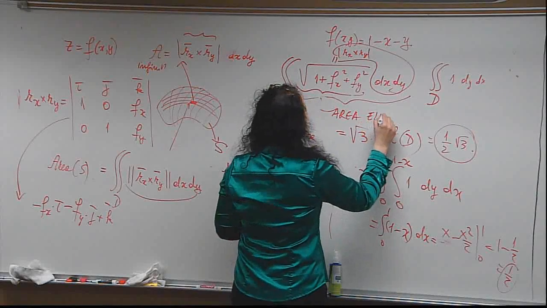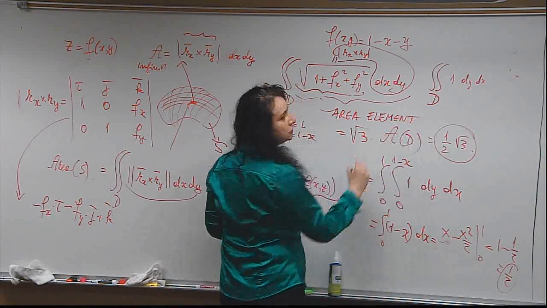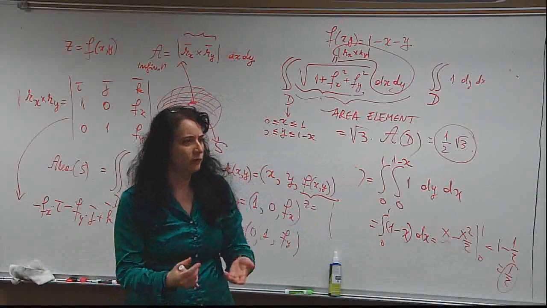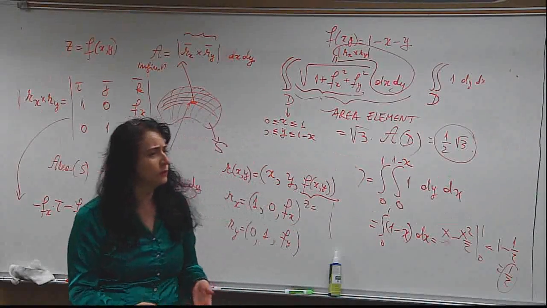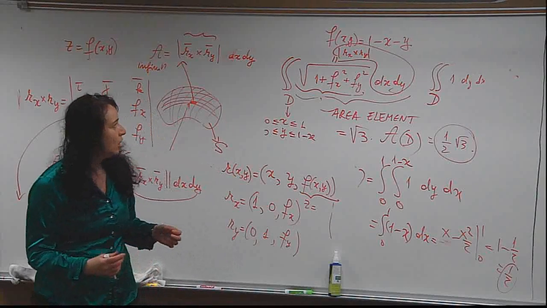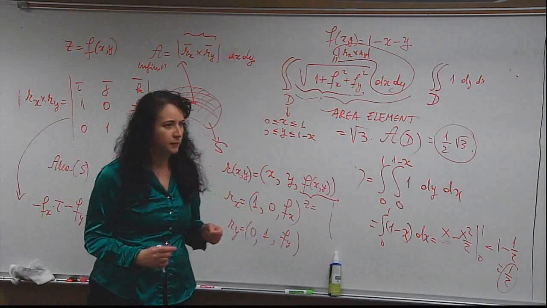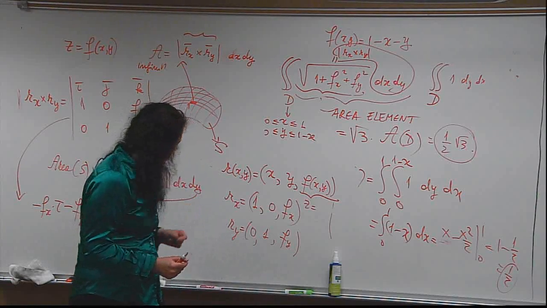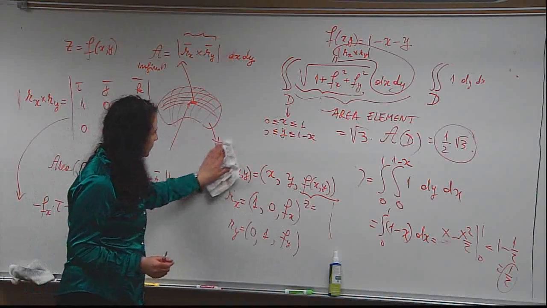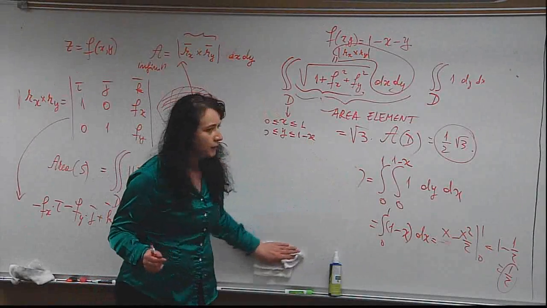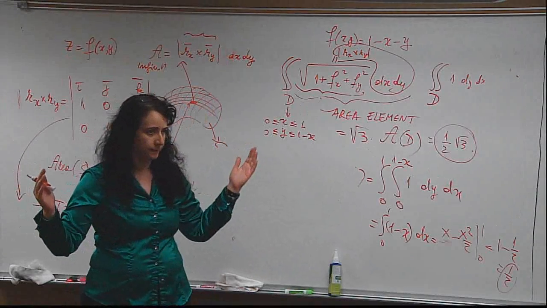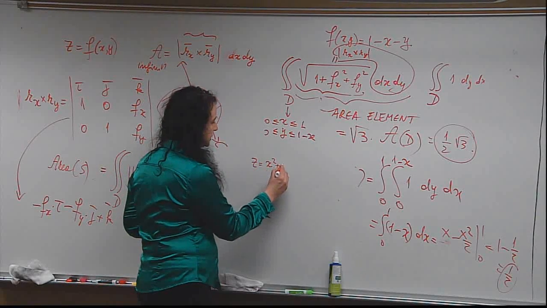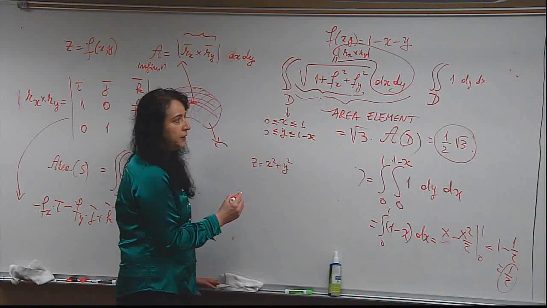In general, it doesn't have to be so beautiful. In general, it's really ugly. It's an integral that you have to involve MATLAB in, or Maple, or something really hard. You cannot solve this by hand. Imagine even a simple example, guys, think of the paraboloid that looks like a vase.